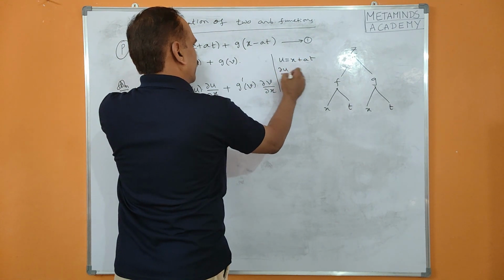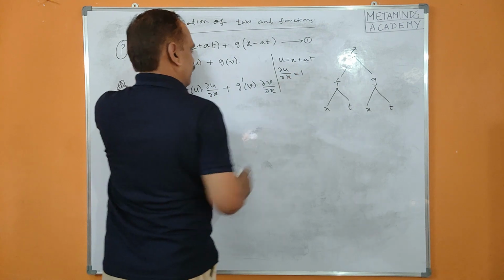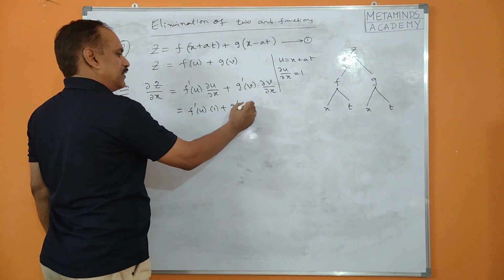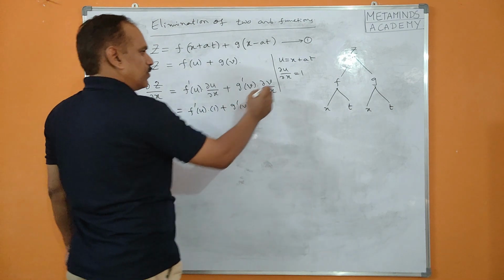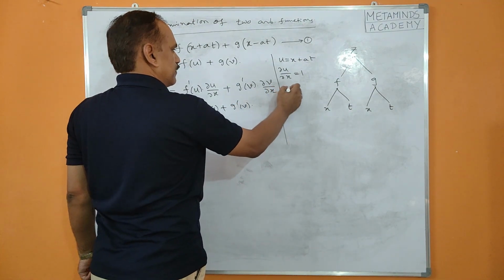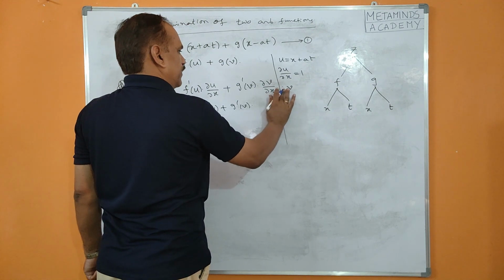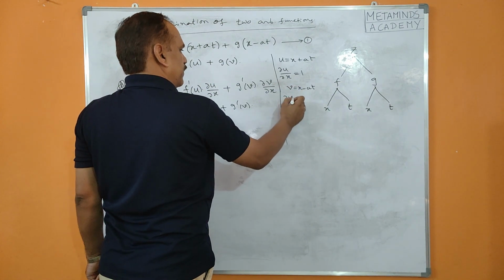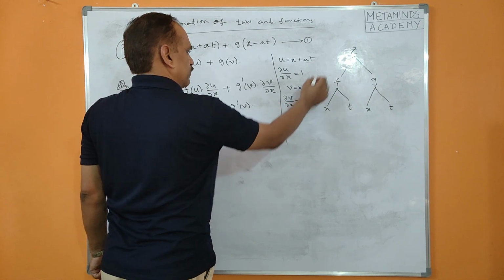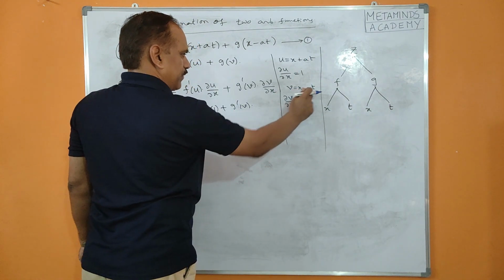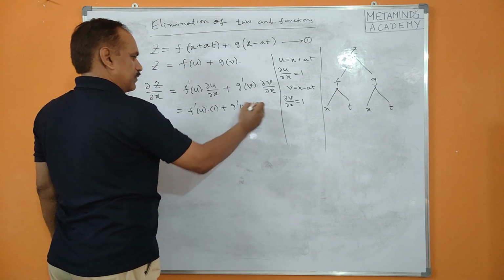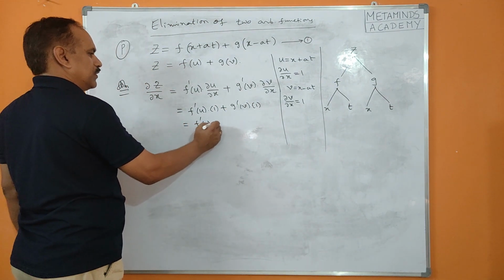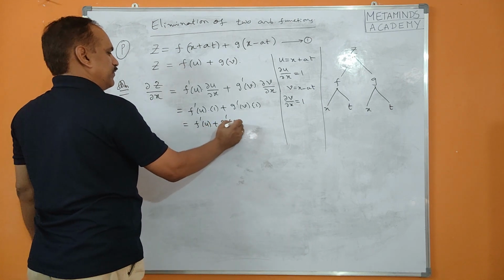So dou u by dou x is 1, plus g dash v into dou v by dou x. What is v? V is x minus at. So dou v by dou x is also 1 minus 0, 1. So it is f dash u plus g dash v.